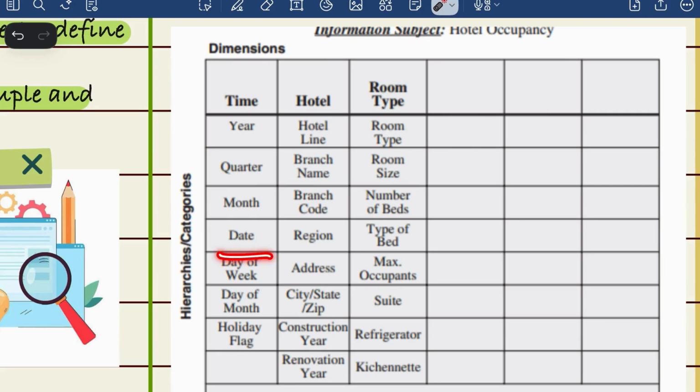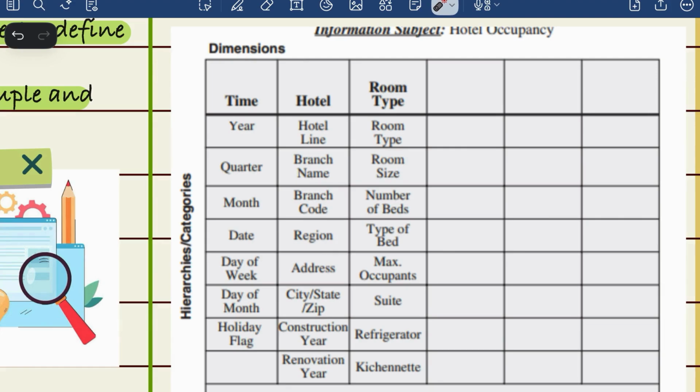And here we are showing how deep the data can be drilled down. So in the time dimension, we have year, then year is divided into quarter, and then we have months, then we have date, then we have day of a week, day of a month, and then holiday flag. So these are the hierarchy of data which will be added in the dimension, right?